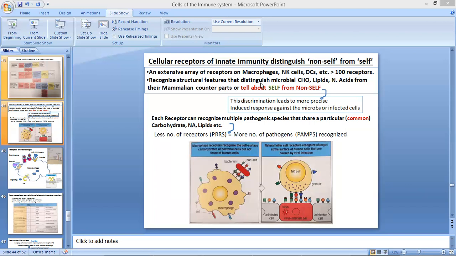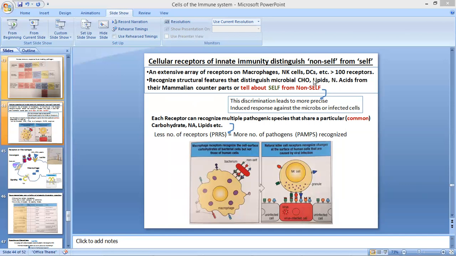They are going to distinguish between carbohydrates, lipids or nucleic acids that are part of the microbes and not part of the mammalian cells. In other words, they are telling cell from non-cell: which carbohydrates, lipids or nucleic acids are part of the mammalian cells and which are not, and are foreign bodies.